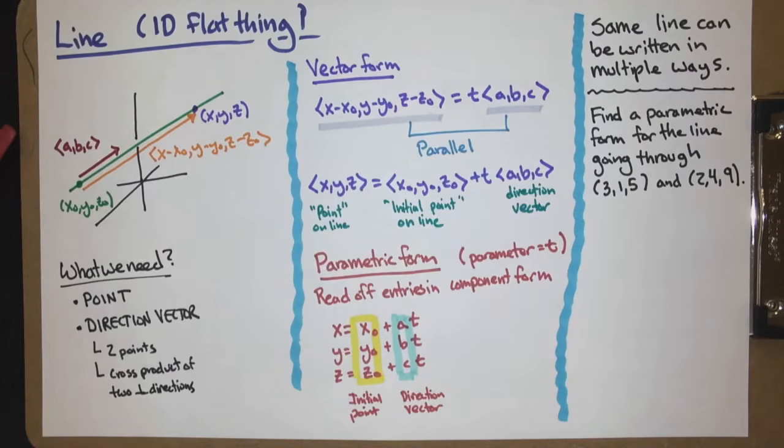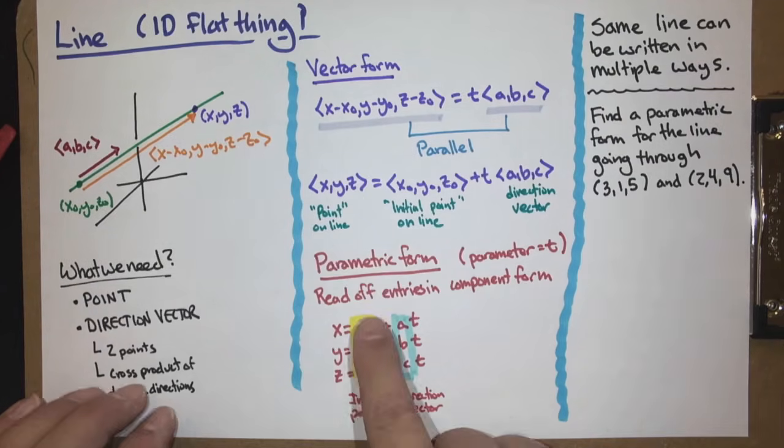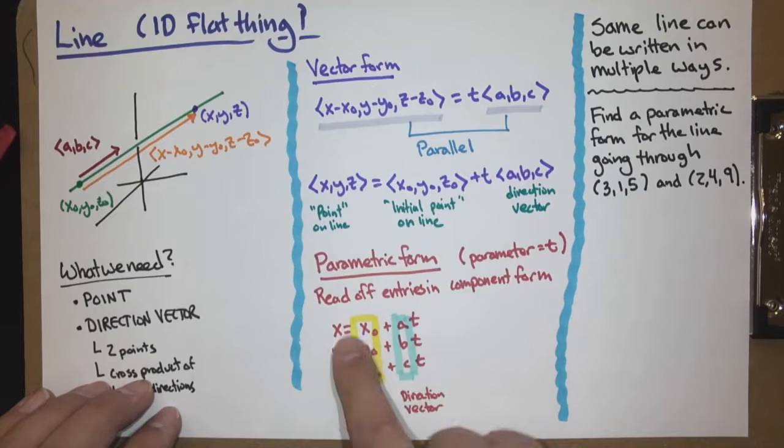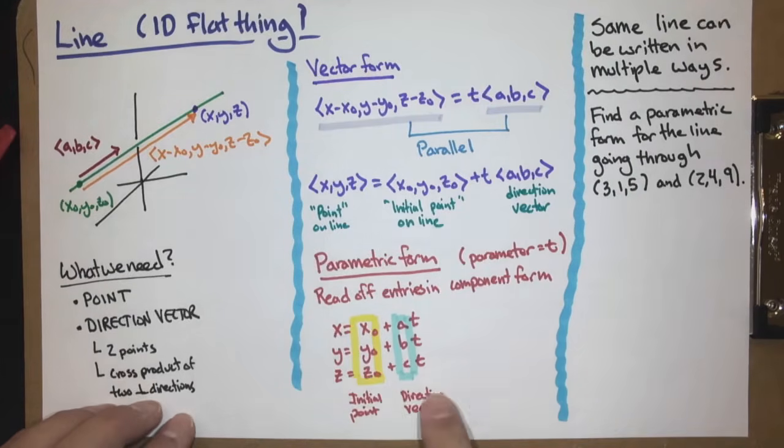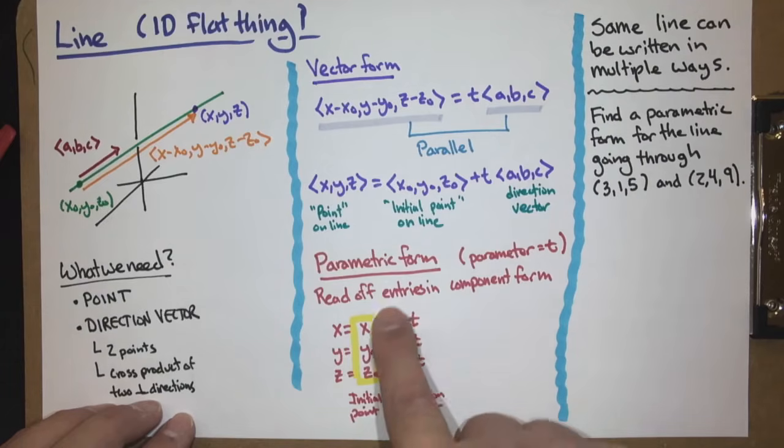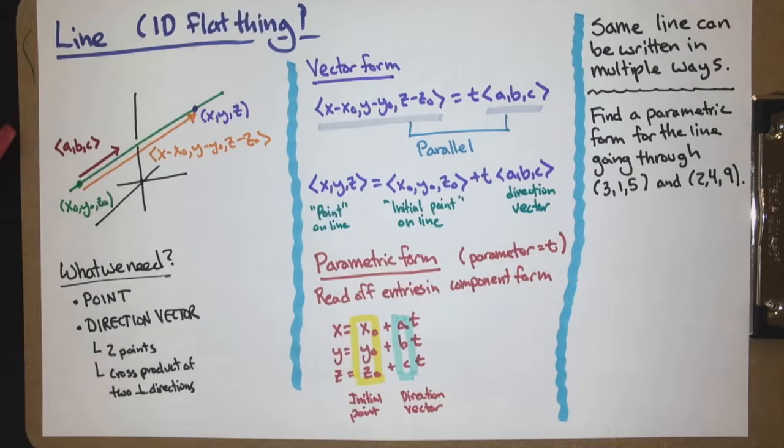And we have this set of equations. And we can say, aha, you can read off the point. You look at the numbers without the t's. And you can read off the direction vector, because those are your coefficients of your t's. Vice versa, if I have my point and I have my direction vector, I just have to fill these slots in, and life is good.